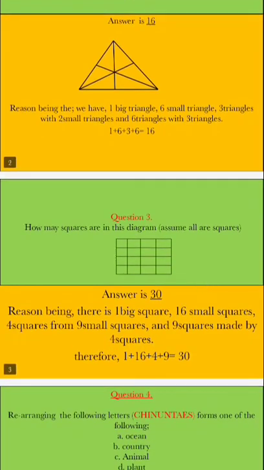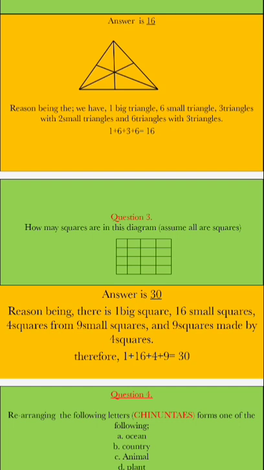The third question is how many squares are there in the diagram. The diagram might not exactly look like a square because it's kind of a triangle, but we have to assume that they are small squares.